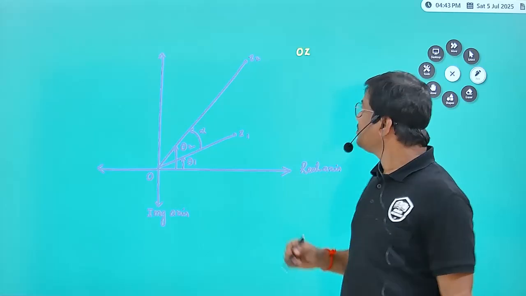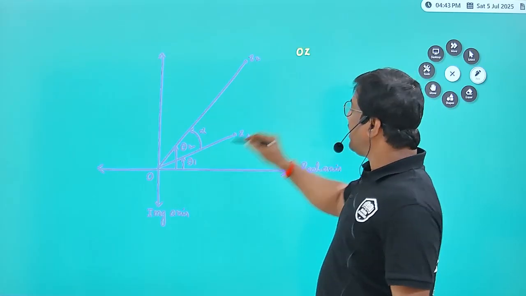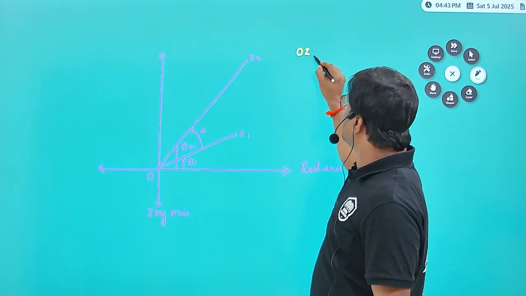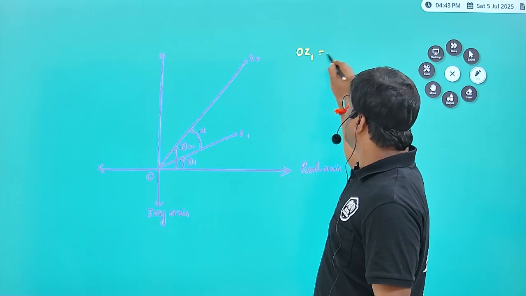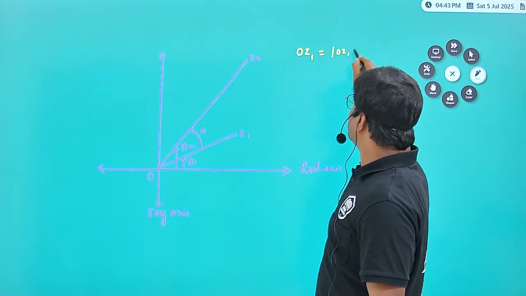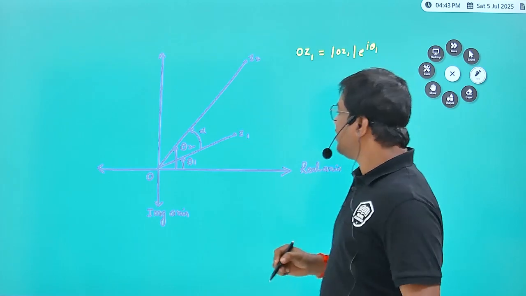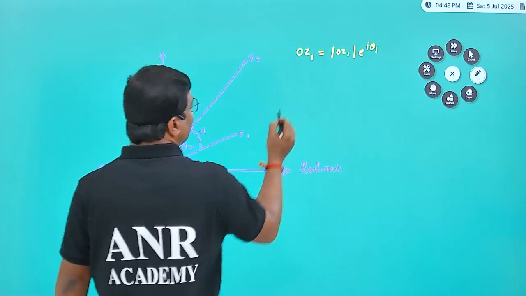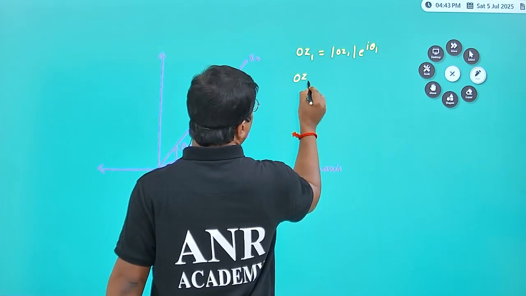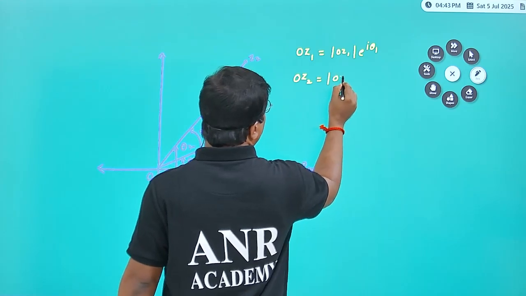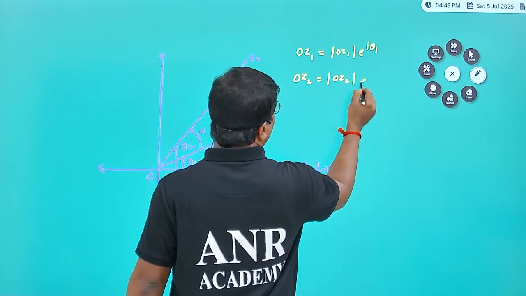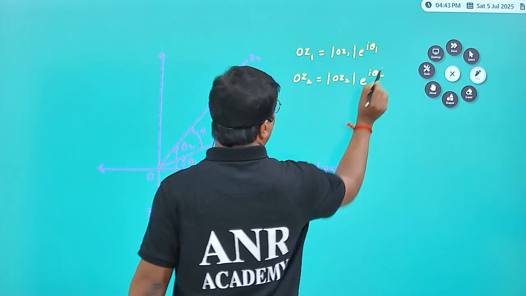OZ1 makes an angle theta 1, so OZ1 by Euler form is modulus of OZ1 e power I theta 1. Next I am going to write OZ2. Its length is modulus OZ2, e power I theta 2 it is.